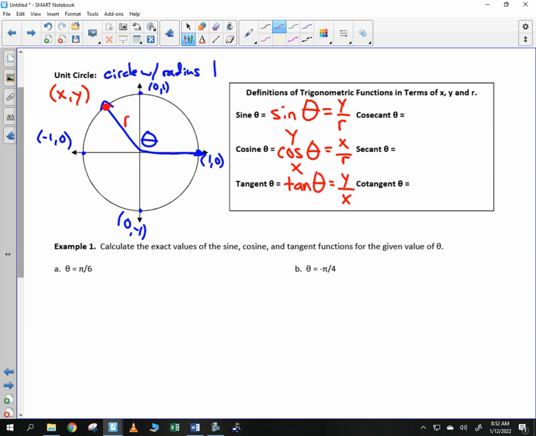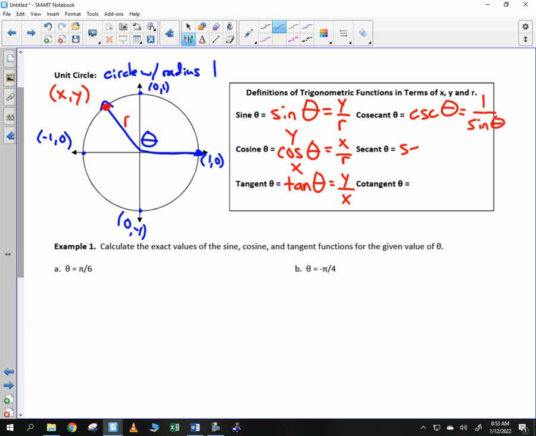There's 3 others. We're not going to spend a lot of time talking about these today, but cosecant we write as CSC. That means cosecant. And it's the reciprocal of sine. It's 1 over sine of theta. And then we have secant.